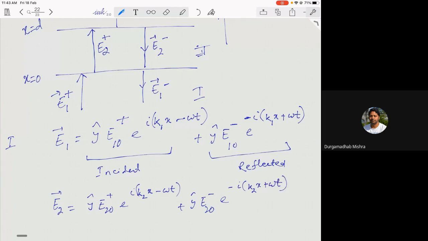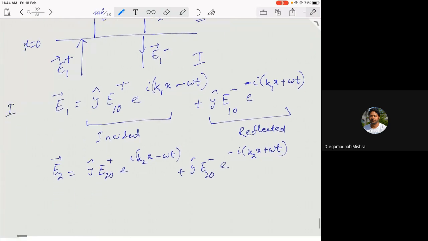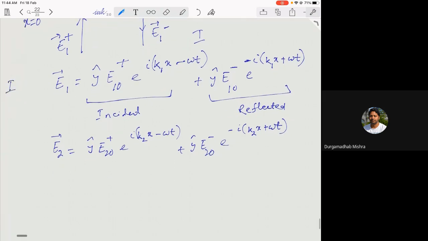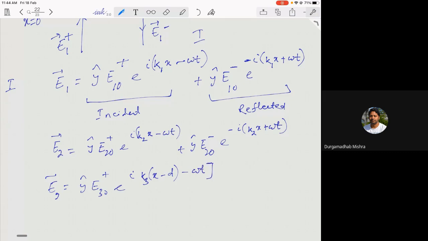k1, k2 are basically the magnitudes of the propagation vector, so they depend on the wavelength in that medium. E3 we will write as y-cap E30 plus, exponential of i k3x. When we do this mathematics, we introduce a small phase factor, i k3d here, which simplifies some of the problems when you solve the mathematics.